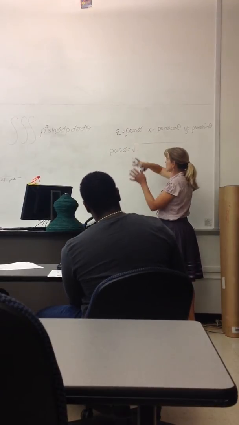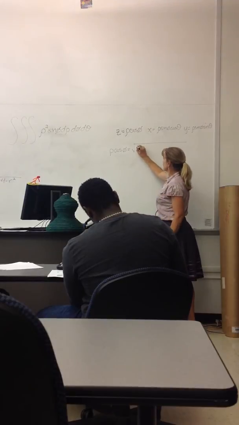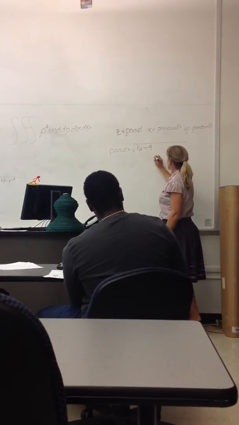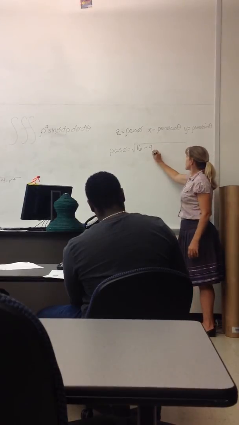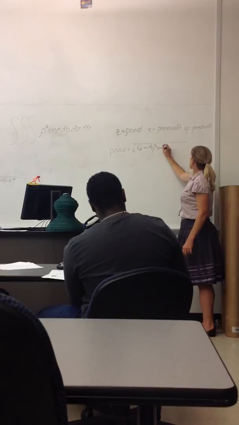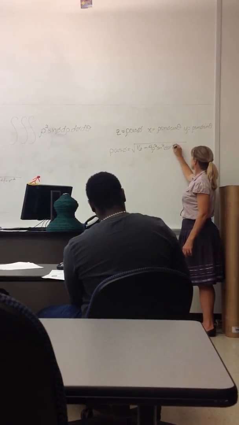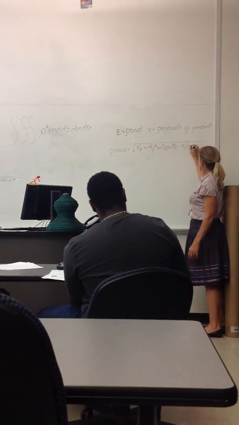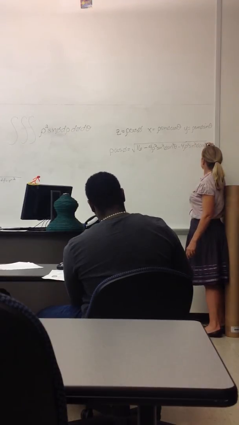So why don't we still think about the top half? So 16 minus 4 y squared, so y is rho sine phi sine theta, minus 4x squared, so x is rho sine phi cosine theta.